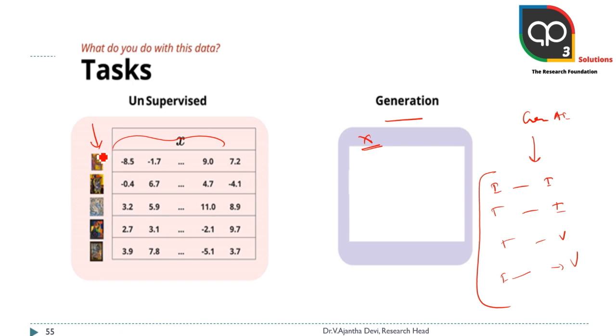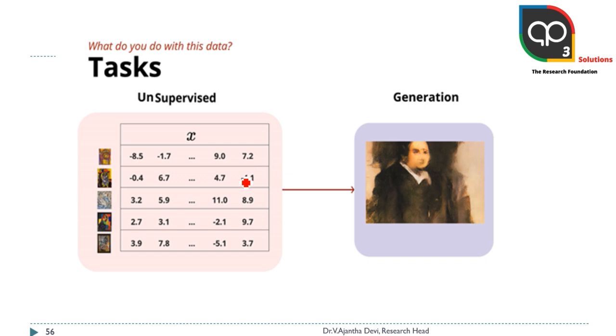One such thing here is a set of similar X's that I have, and there is no Y, so there is no output here. I have an input which is a lot of images given to me, and now I want to generate a new X which is similar to the images I have seen.